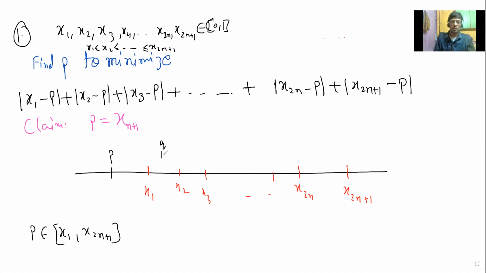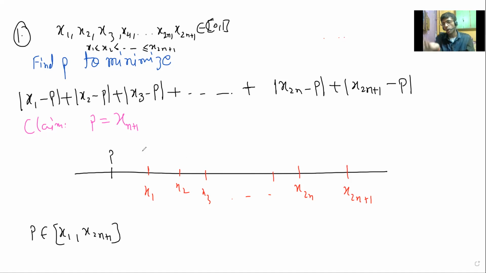If Q is inside, then the distance between x1 and x2n plus 1 is less than the distance of P from x2n plus 1 itself. And for the other points like x2, x3, Q has lesser distance than P, since I'm choosing Q in that way. So you can show that the optimal point has to be inside, between x1 and x2n plus 1.